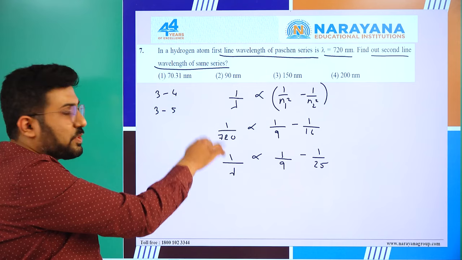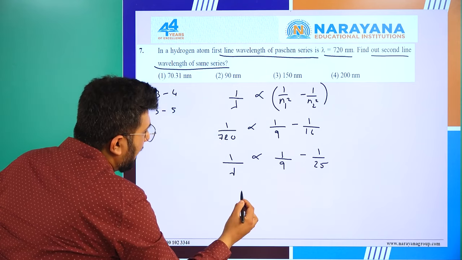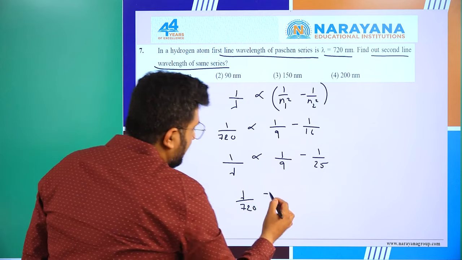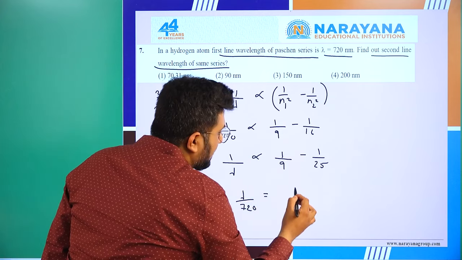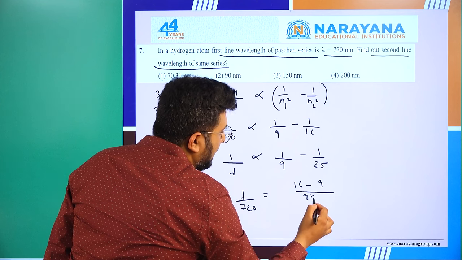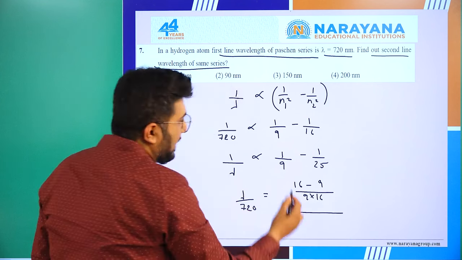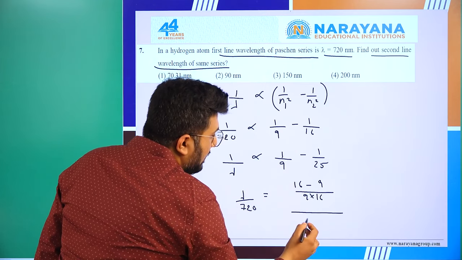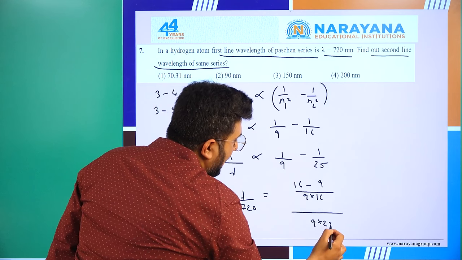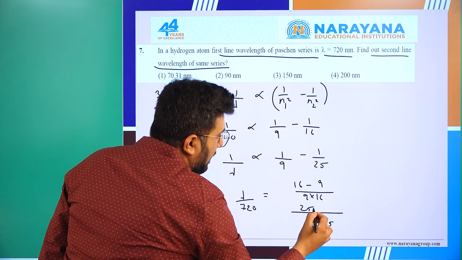When I divide the two, I'll get lambda by 720 equals, so here LCM, 16 minus 9 by 9 into 16, divided by LCM 9 into 25, 25 minus 9.